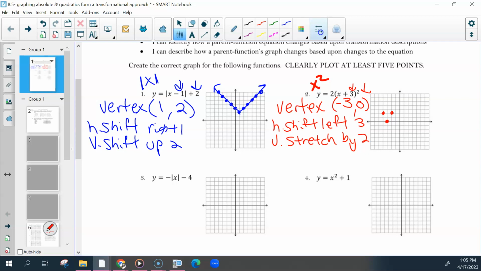Then on your parent function, you usually go to the right 2 and up 4, and to the left 2 and up 4. That 4 is now being multiplied by 2, so now it's going up 8. So from the vertex, right 2 up 8 is going to be off the graph. And from the vertex, left 2 and up 8, again off the graph.